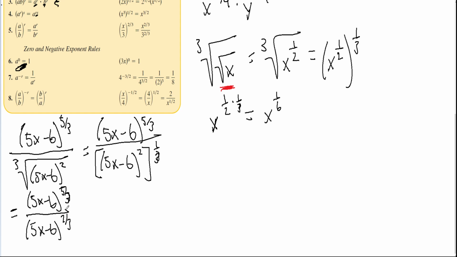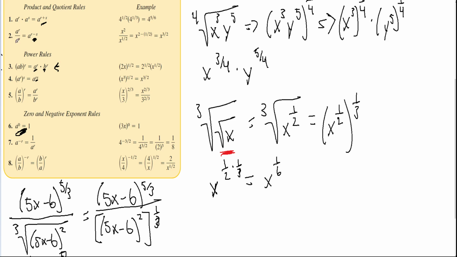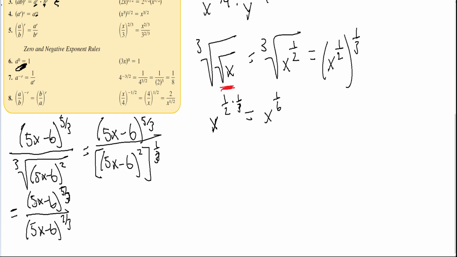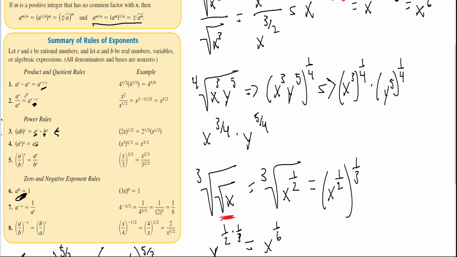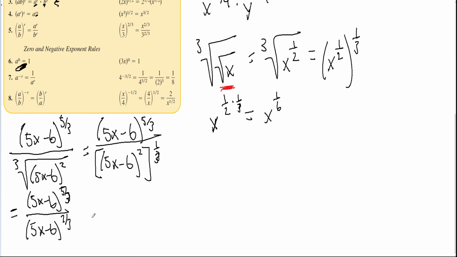So from here, this is an application, if we go back to our table, of rule 2, right? So I have the same base, which is 5x minus 6, but they're raised to two different powers, okay? So all I have to do is subtract the powers. So I have 5x minus 6, which is raised to 5/3 minus 2/3.